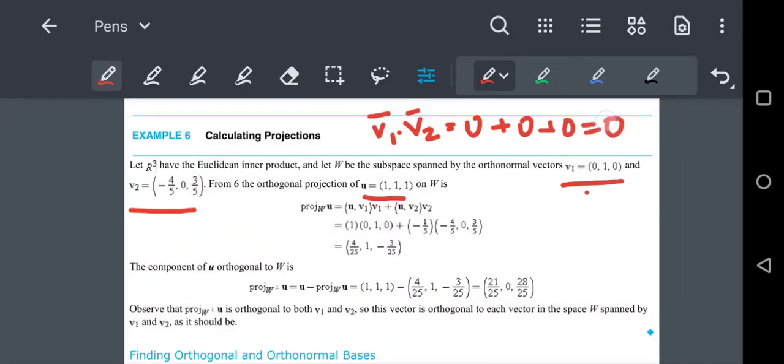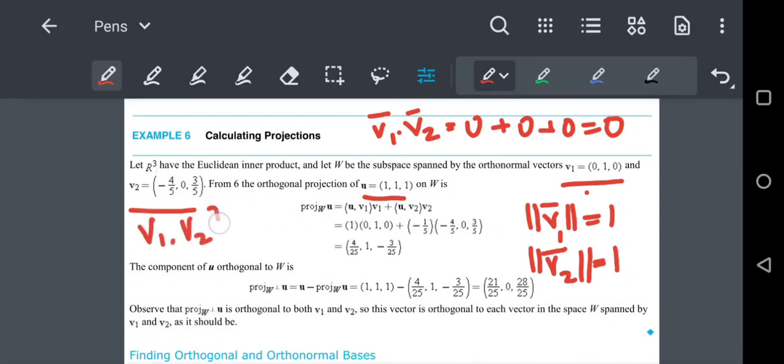On the whole, you are getting 0. So v1 and v2 are orthogonal to each other. When you calculate the norms, the norm of v1 is equal to 1, and the norm of v2 is also equal to 1, since 16 plus 9 is 25, and 25 by 25 is 1. So v1 and v2 form an orthonormal basis.